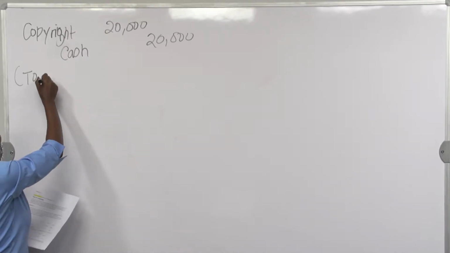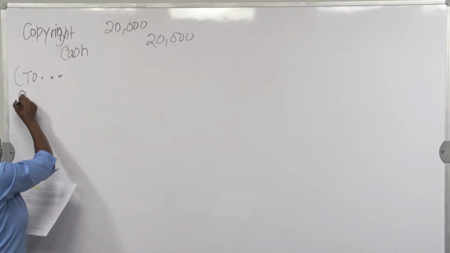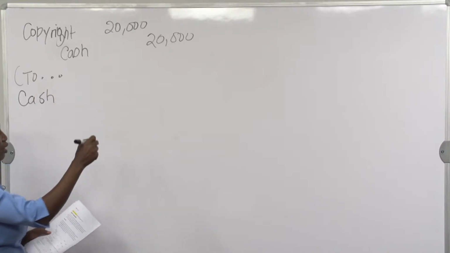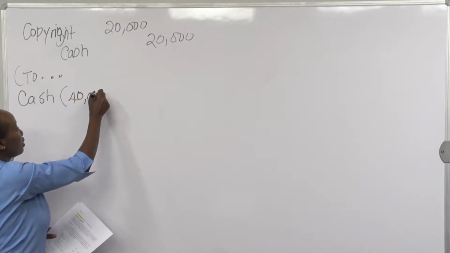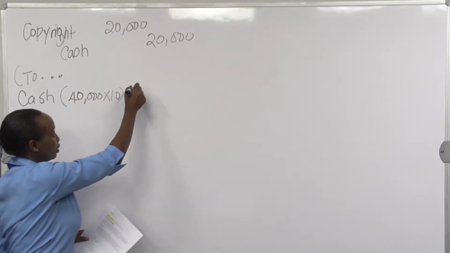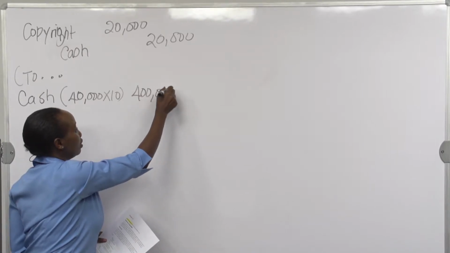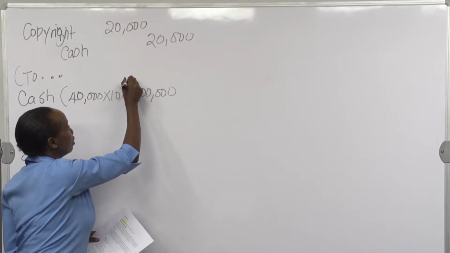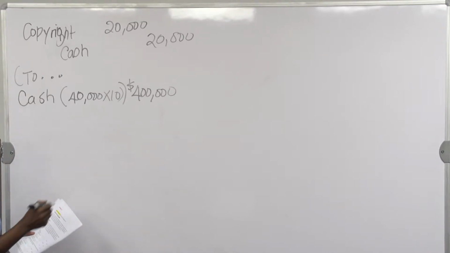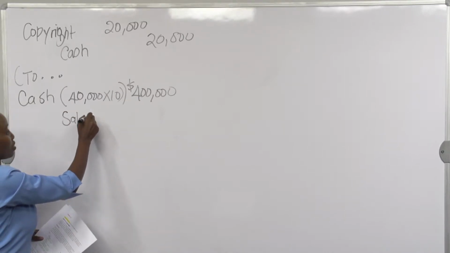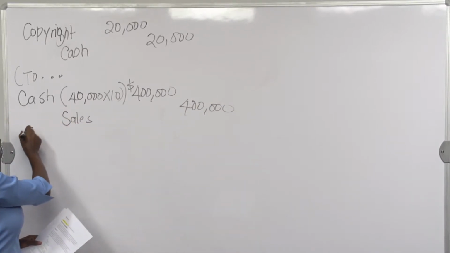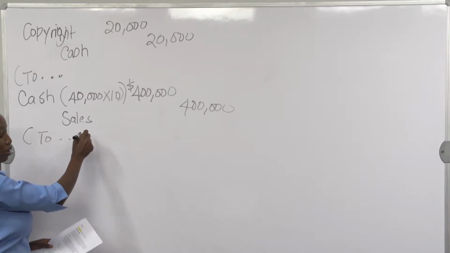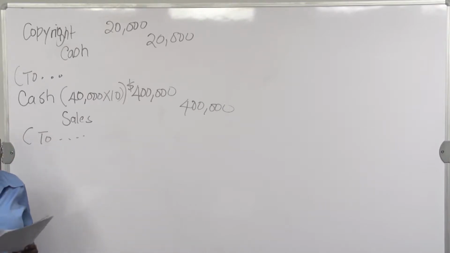So for the revenues from the sale, we're going to get cash of 40,000 books times 10, because each book is $10. So we have 400,000 for our cash, and that's our sales revenue. So sales of 400,000, and again put a description to record the sale of books for the year 2016.